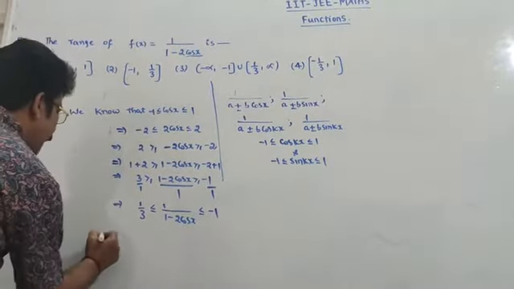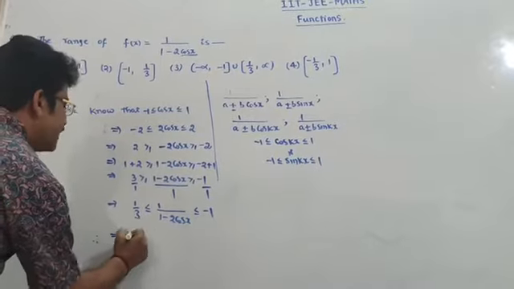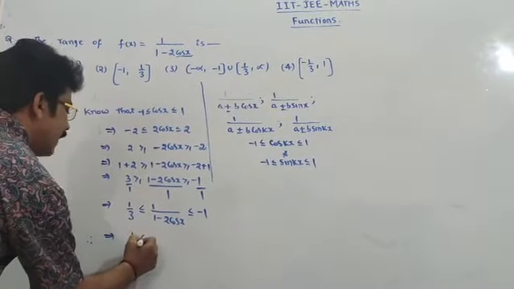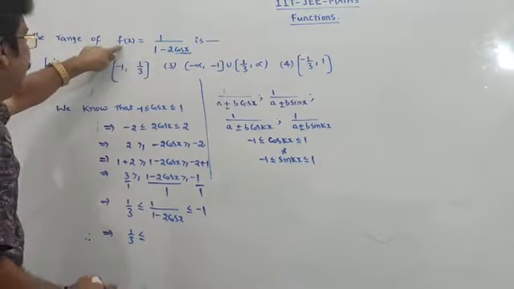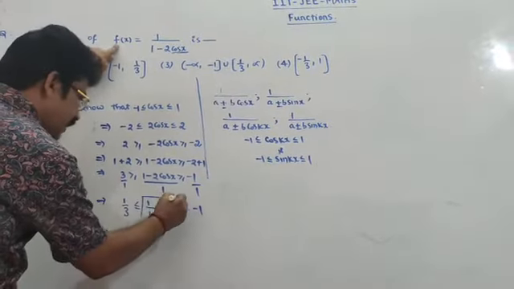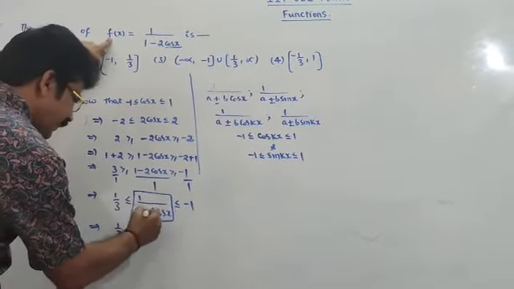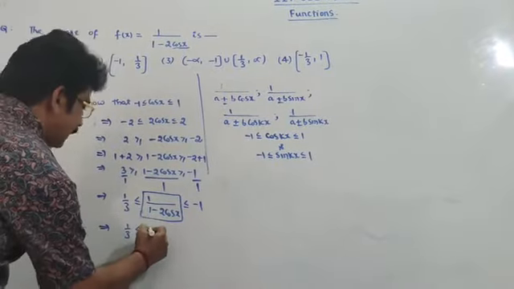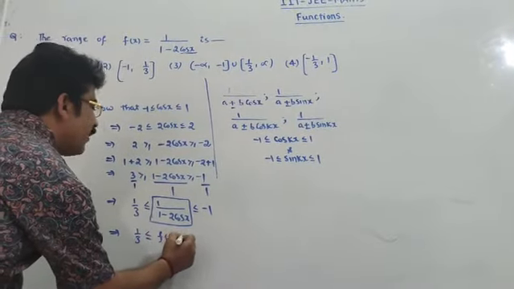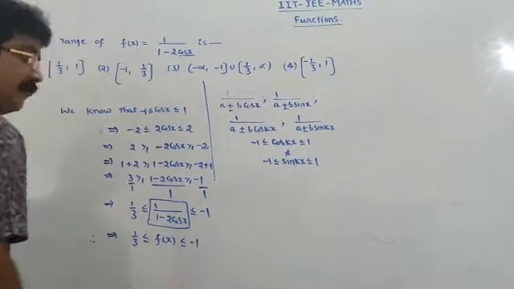That implies 1 by 3 less than or equal to f of x, where 1 by 1 minus 2 cos x is f of x, and it is nothing but f of x less than or equal to -1.